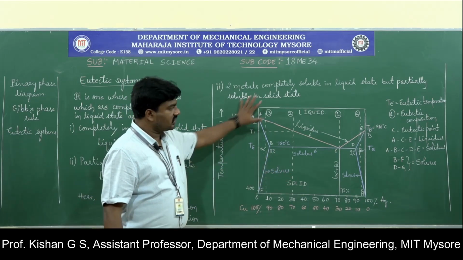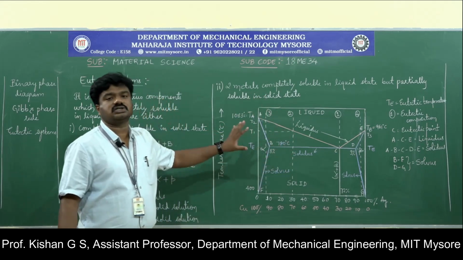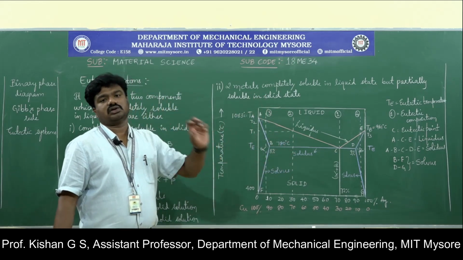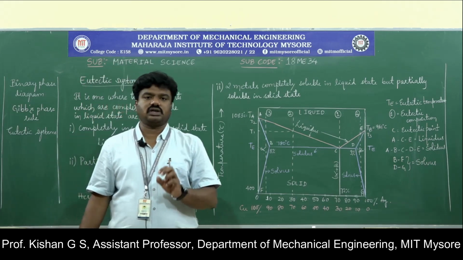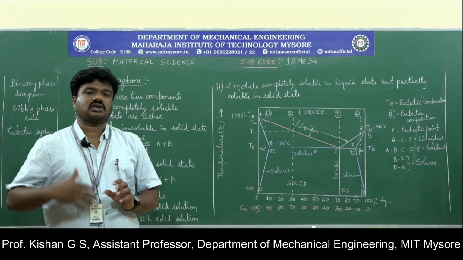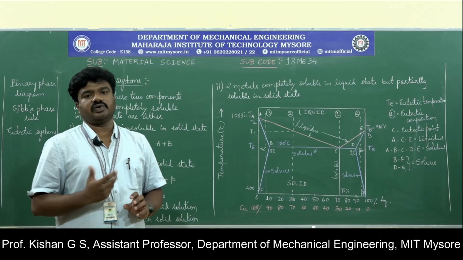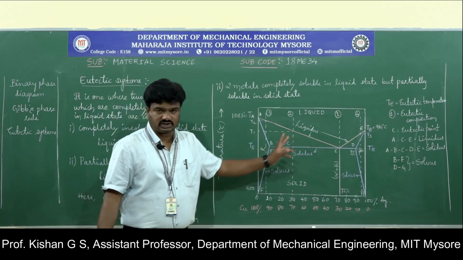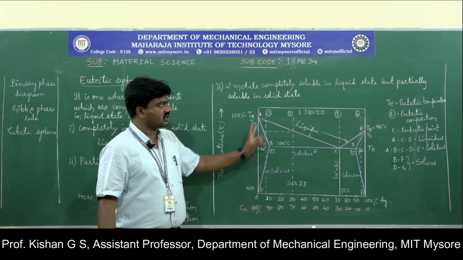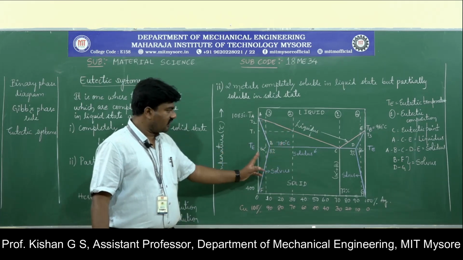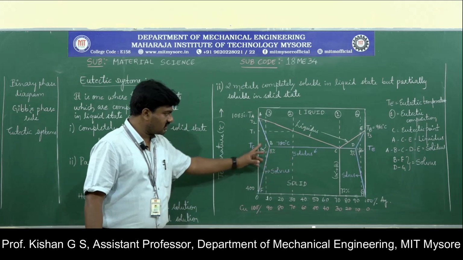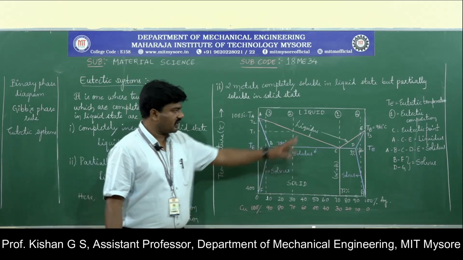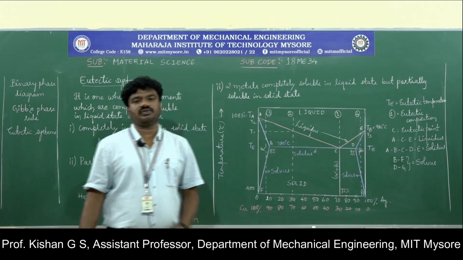So this is about the representation of partial solubility of the metals in the solid state, whereas they are completely soluble in the liquid state. So in the solid state it is partially soluble, whereas in the liquid state it is completely soluble. Alpha represents the rich mixture of copper, whereas beta represents the rich mixture of silver.